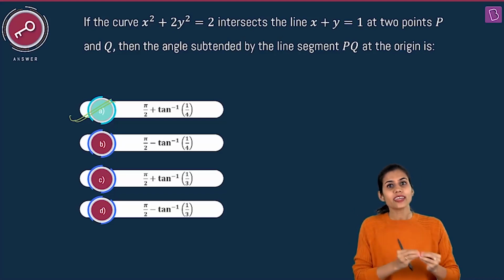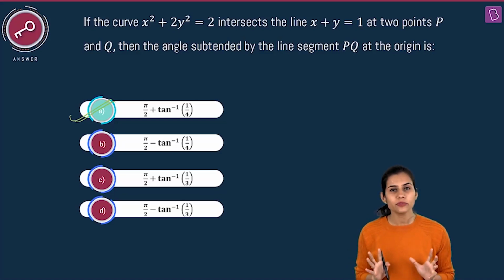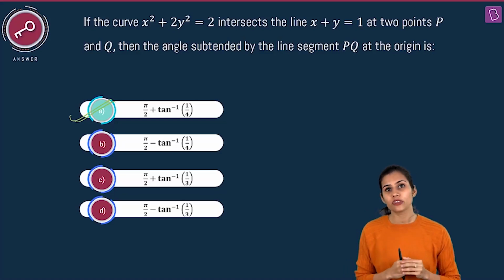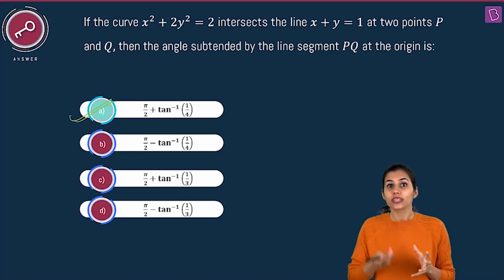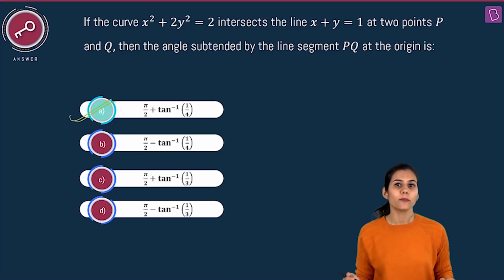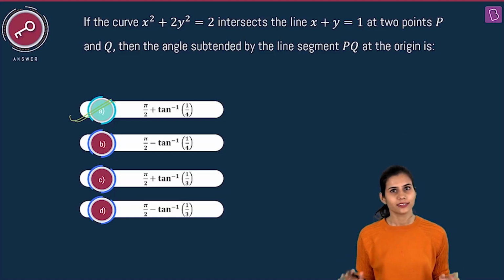Yes, so somehow if I can get their combined equation, from there on I know how to compute the angle between them. So I used the homogenization process to get the combined equation of those pair of two lines. From there I used my tan theta formula to get the acute angle between them, and pi minus the acute angle gave me the obtuse angle between them, which is the very angle sitting in option A. Got the strategy? Great.